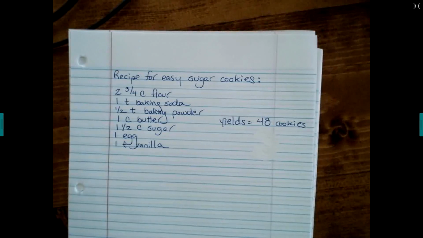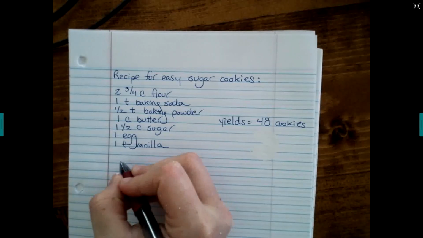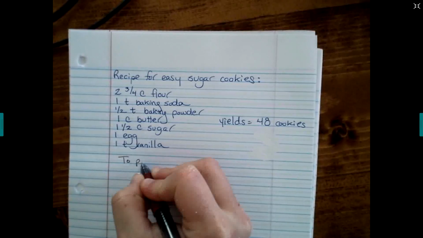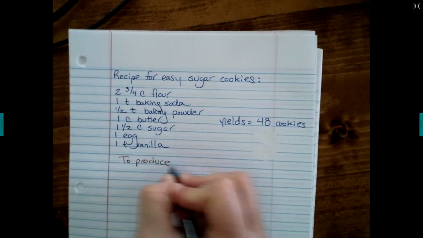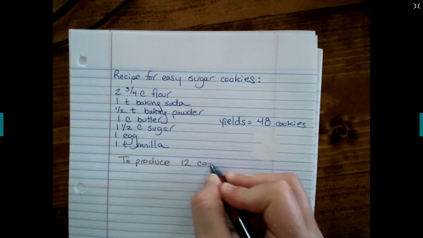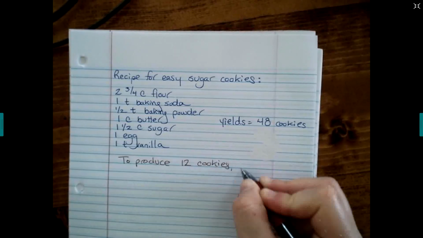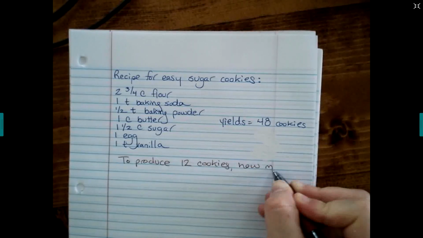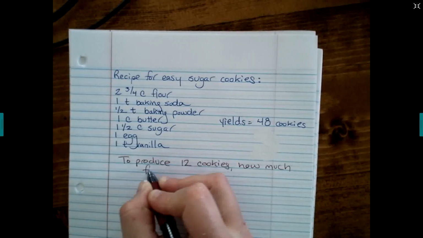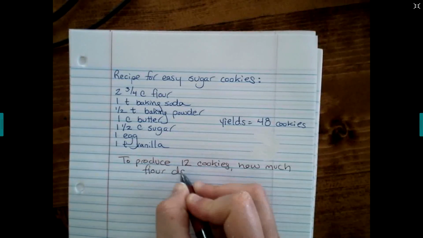So if I only want to make 12 cookies, I would be curious about how much of the other ingredients I would need. So let's say that our problem is to produce 12 cookies. How much flour do I need?